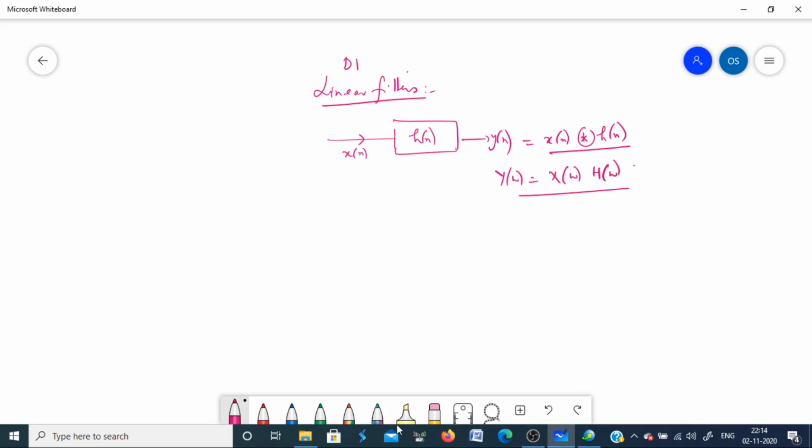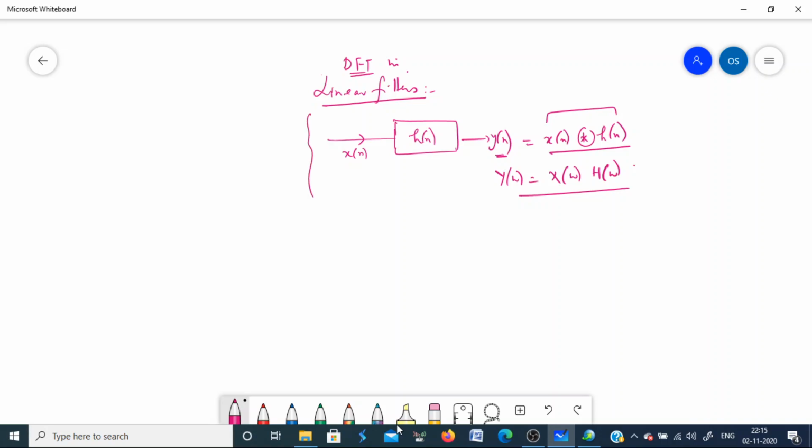So how you can use DFT in linear filtering? In that case, what you should try to do, it means if I find the circular convolution of the two signals, if that somehow becomes equal to the linear convolution, in that case I can use DFT for linear filtering.